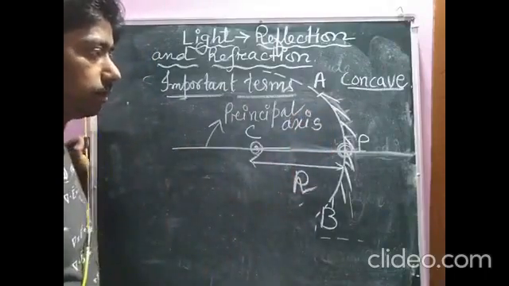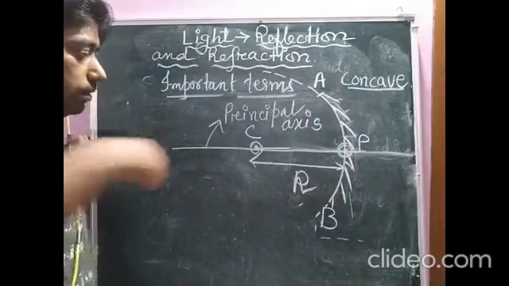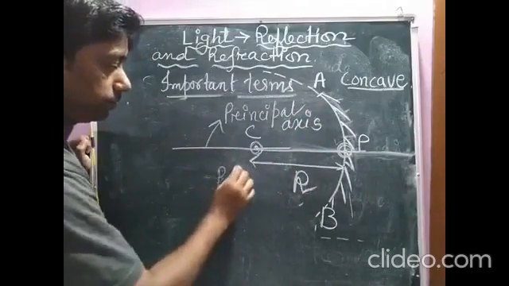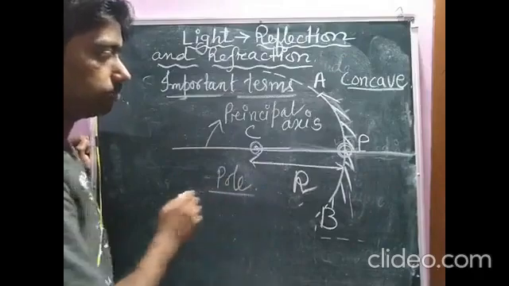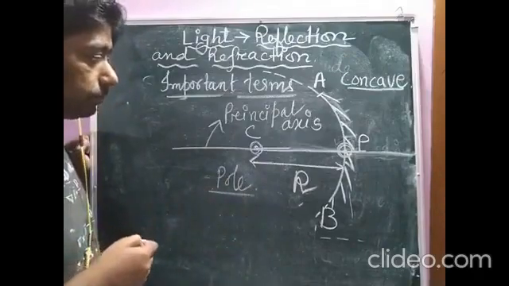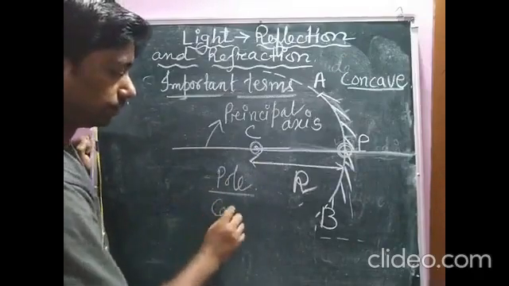So what are the things that we have learned today? Pole of the mirror. Next, center of curvature.